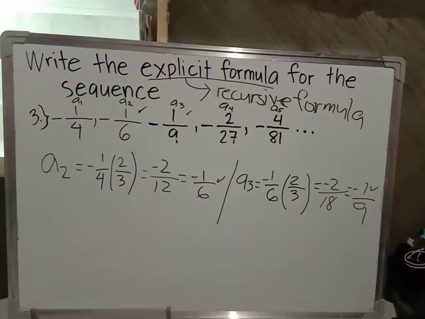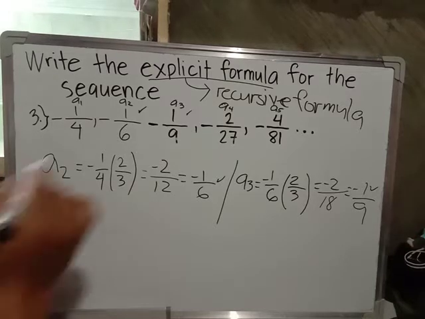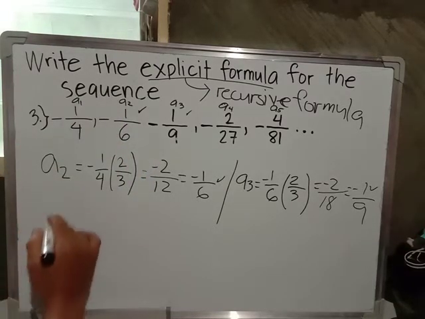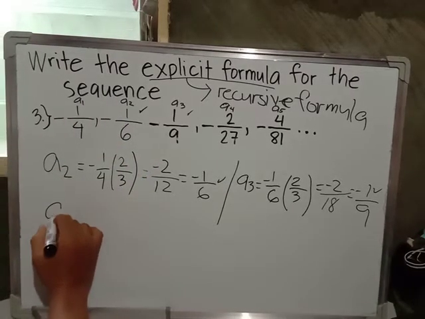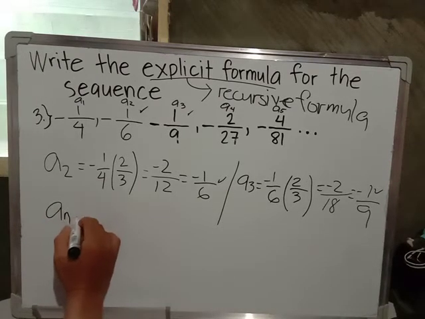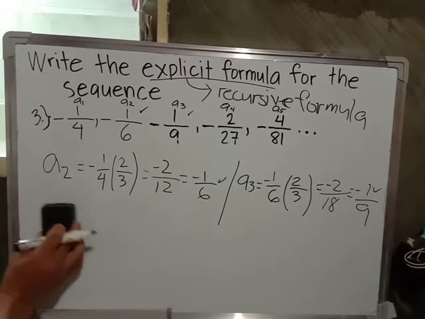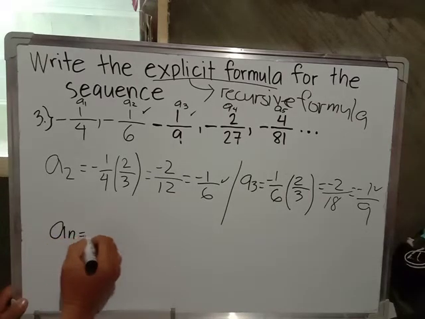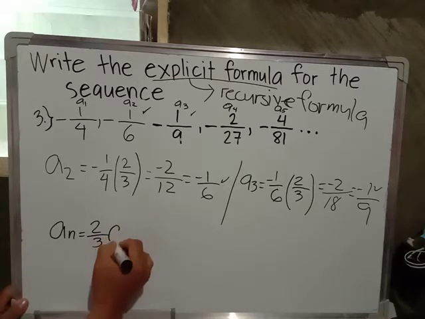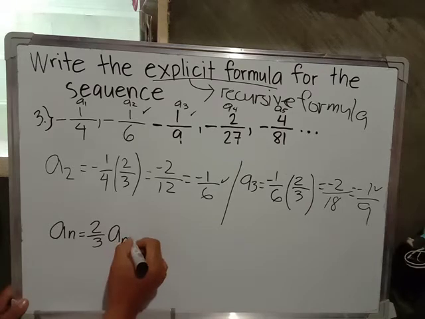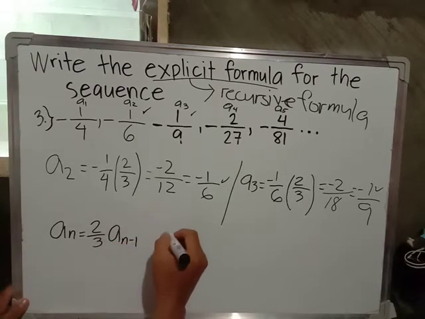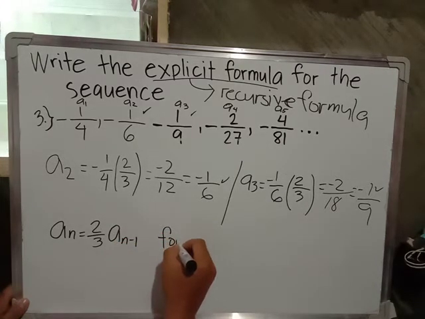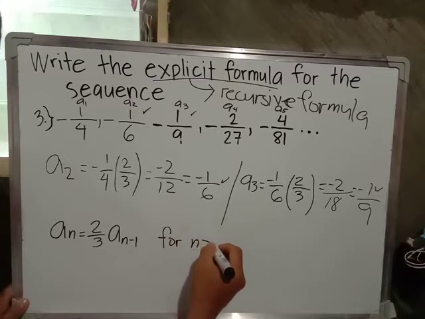So, to write a recursive formula in this sequence, simply we can write as E_n is equal to 2/3 times E_(n-1), for n is greater than 1.